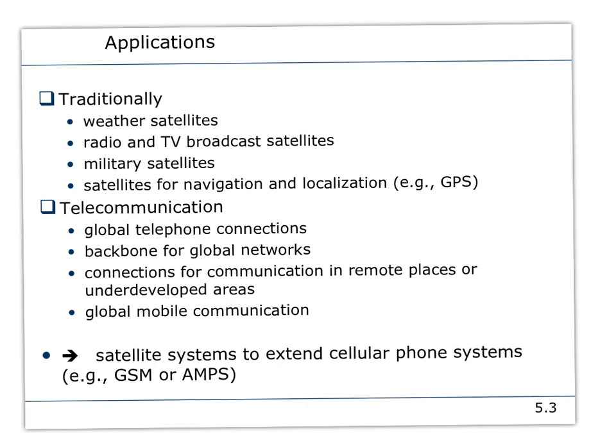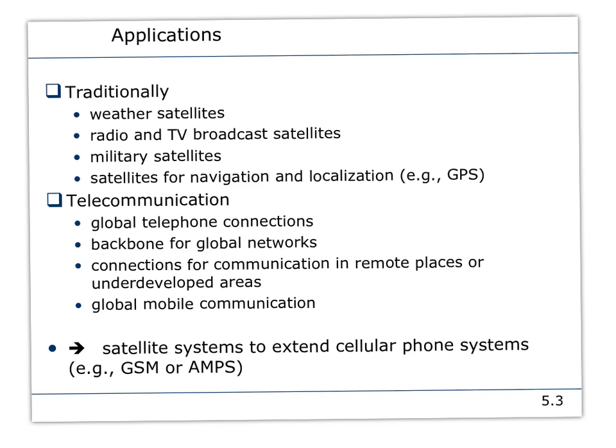So basically, satellites can work as a backbone for global networks. Some GSM networks can use satellites as relays to extend the coverage and provide more resources in the network.